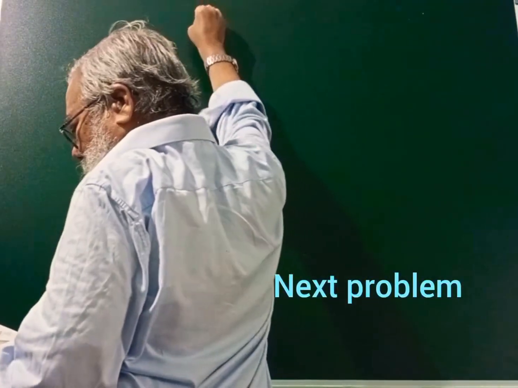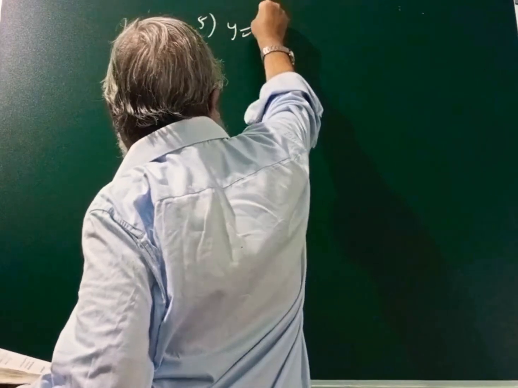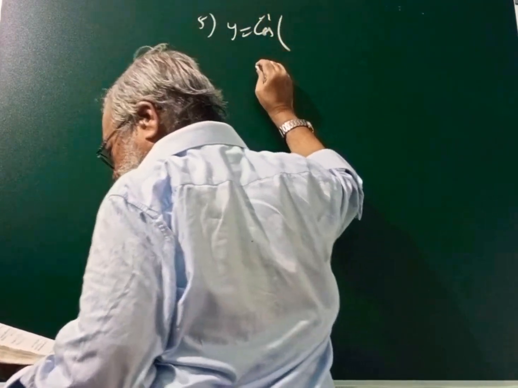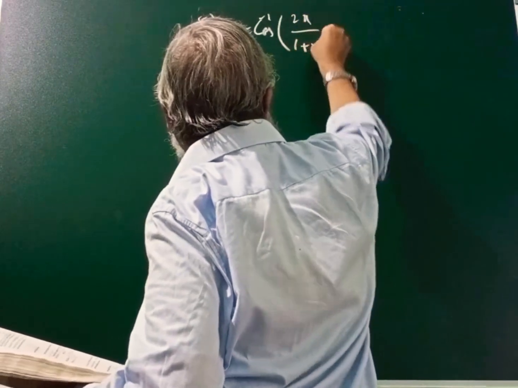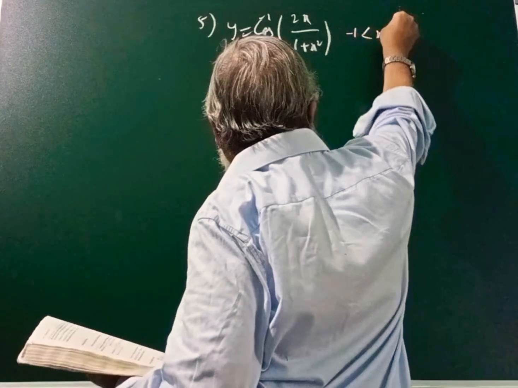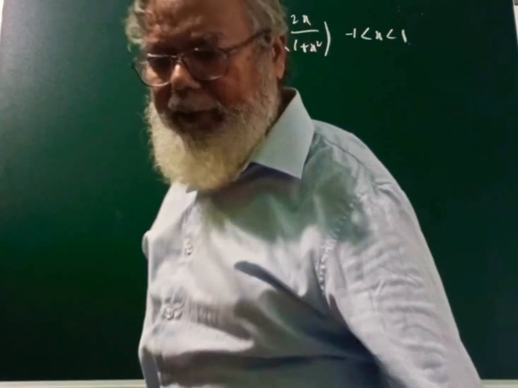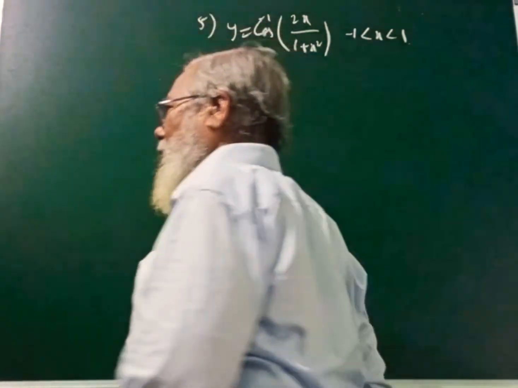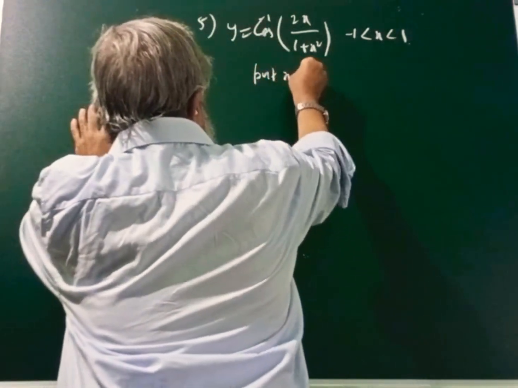Next problem, find dy by dx. y is equal to cos inverse of 2x by 1 plus x square, where minus 1 is less than x is less than 1. Again, it is the same type of problem which we have solved just now. We put x is equal to tan theta.